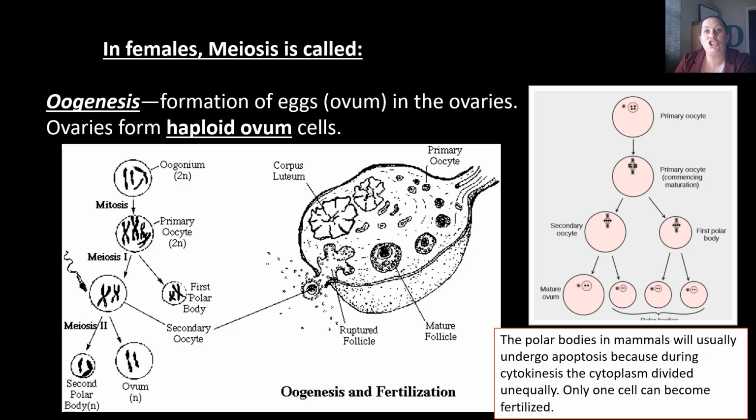If that egg is chosen that month, it's going to finish maturing and become the actual egg that gets released during that month. When women start puberty, they release 1 to 2 eggs every month. That gives them a chance during that cycle to potentially conceive and become pregnant. If not, that egg is shed and released, and the process starts over again.